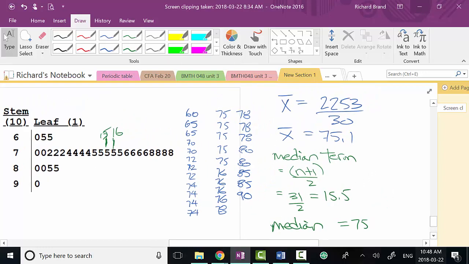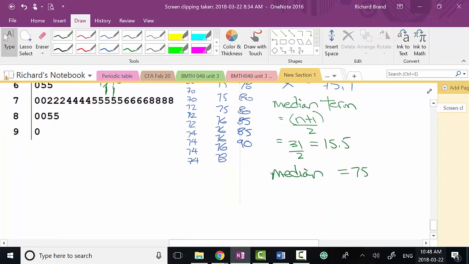Now, the mode is the most common term, and in my ranked data, you can see that there are actually 5 values of 75. Interesting. 5 values of 75. And that's the mode.